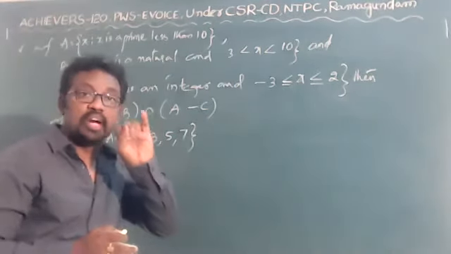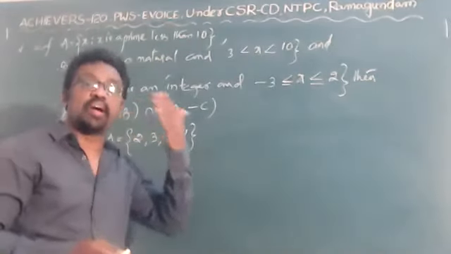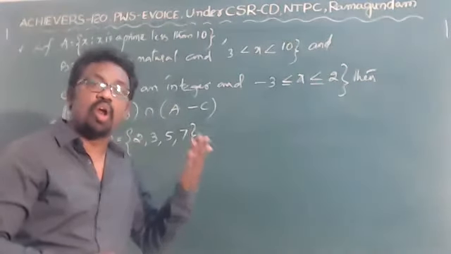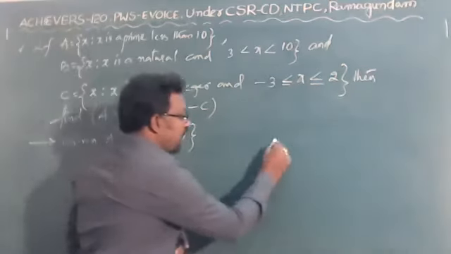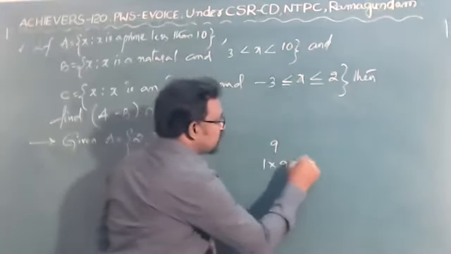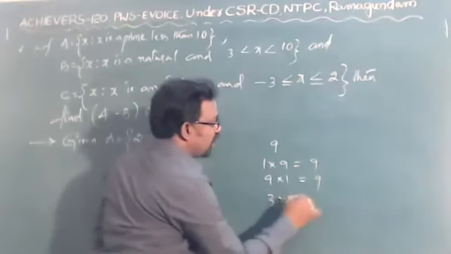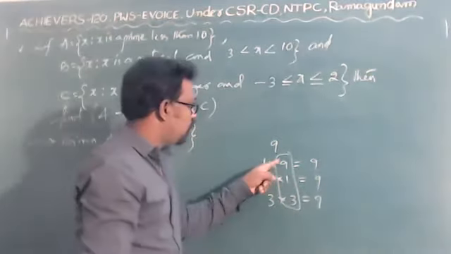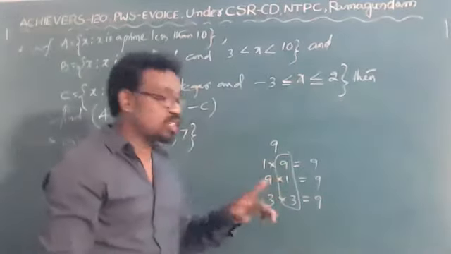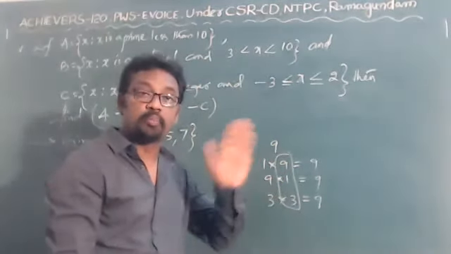If you have more than 2 factors, it is called non-prime, that is, composite. Let us take 9: 1 into 9, 9 into 1, 3 into 3 also. So these are called factors. 9, 1, 3 are the factors. More than 2 factors is called a composite number, not a prime number.